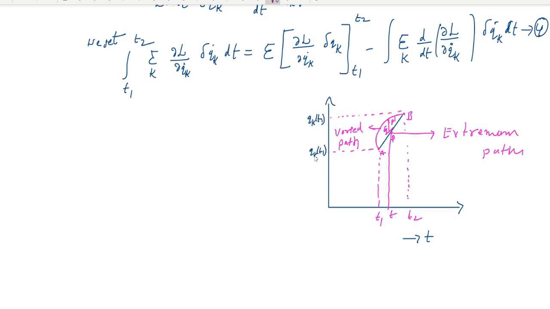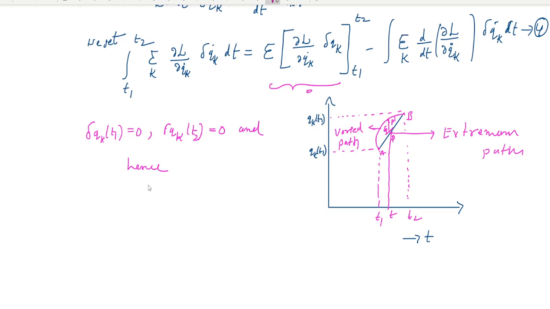These are qk(t1) and qk(t2) respectively. That means delta qk of t1 equals 0 and delta qk of t2 equals 0, and hence this term is going to be 0.